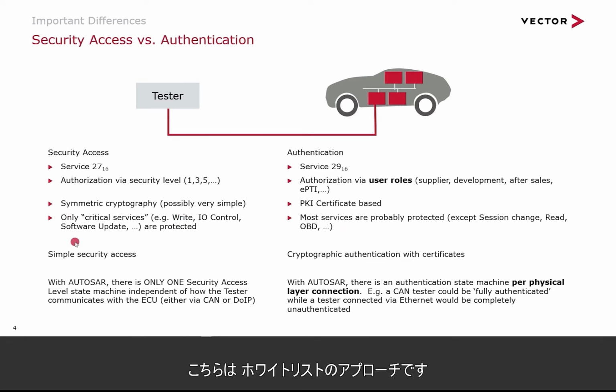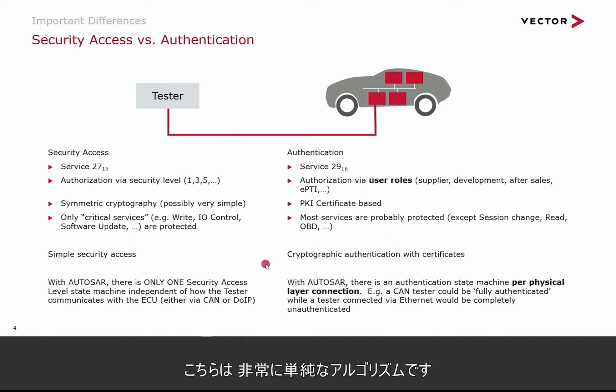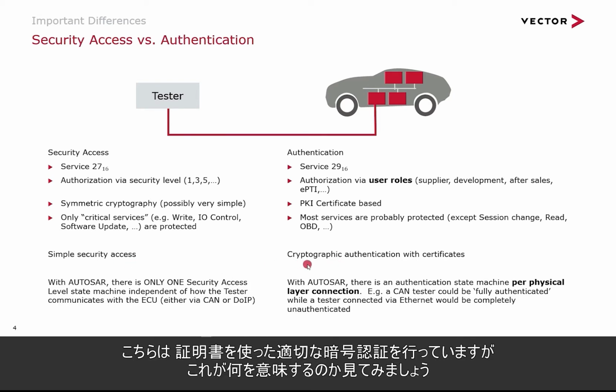This is a whitelisting approach over here. This is more like a blacklisting approach, and a more modern approach is to apply whitelists. We have also, rather than possibly very simple algorithms, proper cryptographic authentication using certificates. We'll look at what this means.